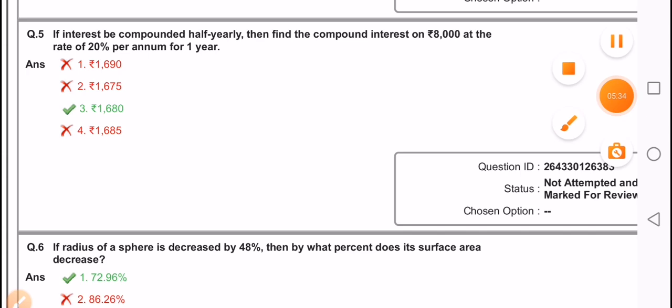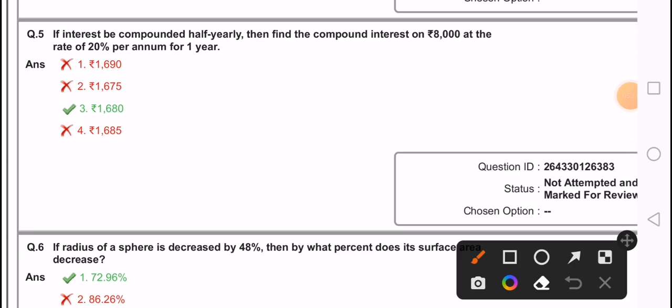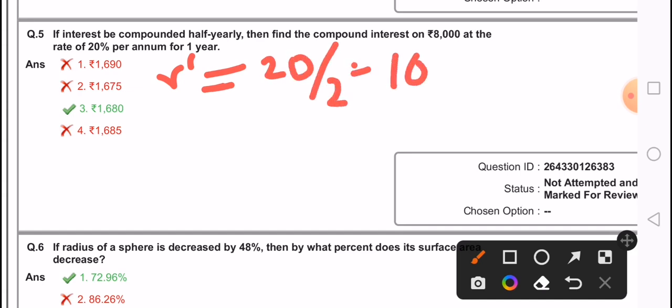Next question is based on compound interest, on 8,000 at the rate of 20% per annum. So P is given as 8,000. It is half yearly, so the new rate R dash would be 20%, and since half yearly we divide 20 by 2, so it is 10%. And the new time, since in a year there would be two half years, the modified T is 2. So using compound interest, 10 becomes 11.